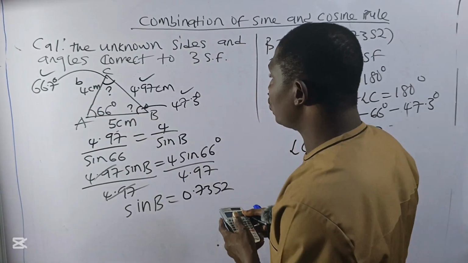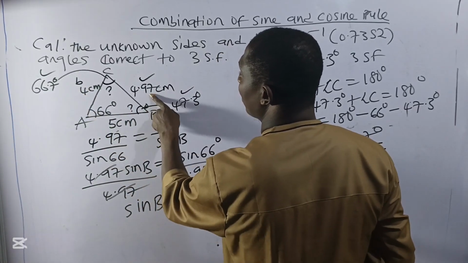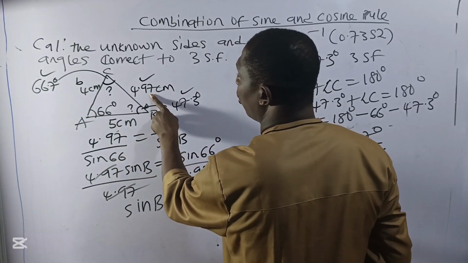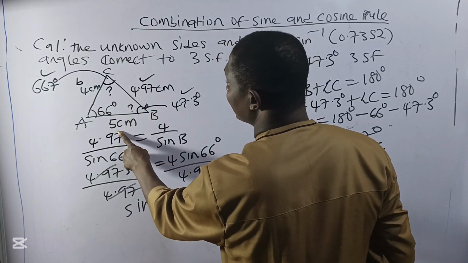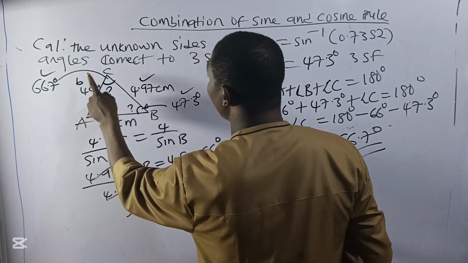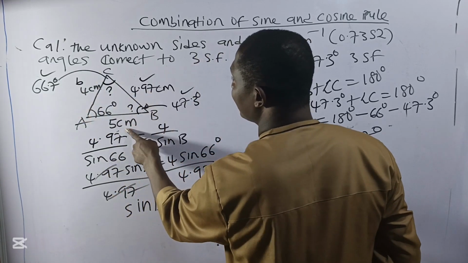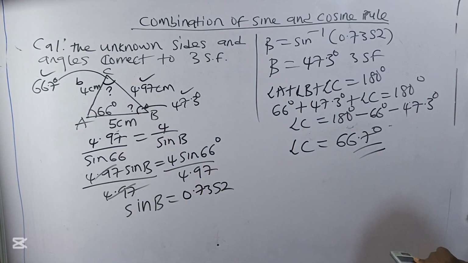And again, if you still try to sum up, 4 plus 5 is 9, which is greater than 4.97. Also, 4.97 plus 5 is 9.97, which is greater than 4. And 4 plus 4.97 is greater than 5, because this will give you 8.97. So the triangle is correct, and the angles gotten are equally correct. So thank you.